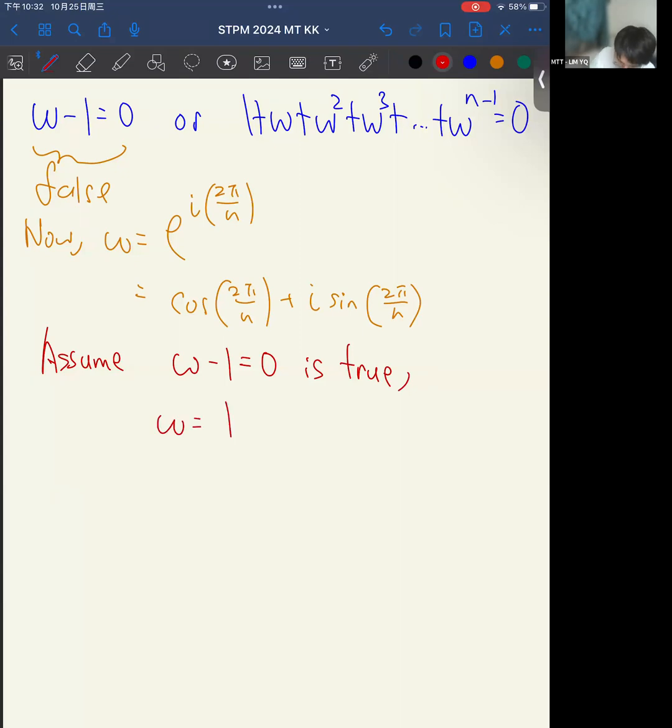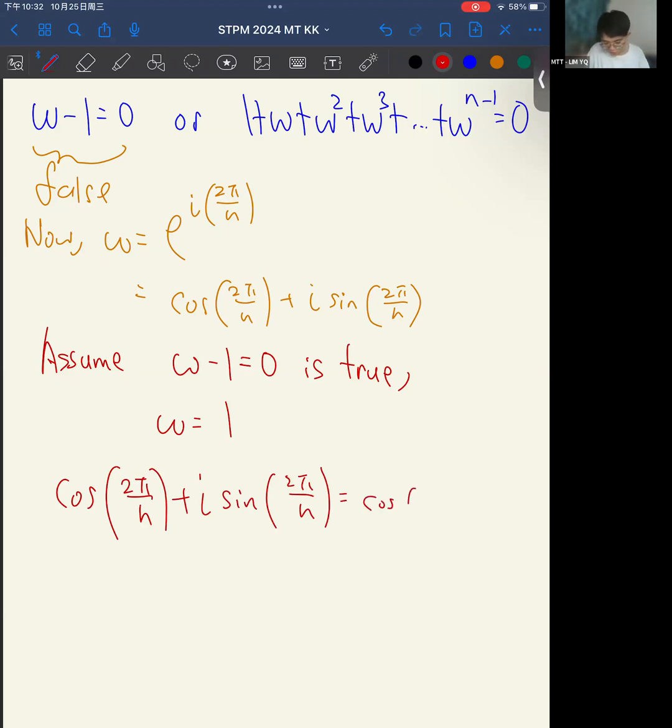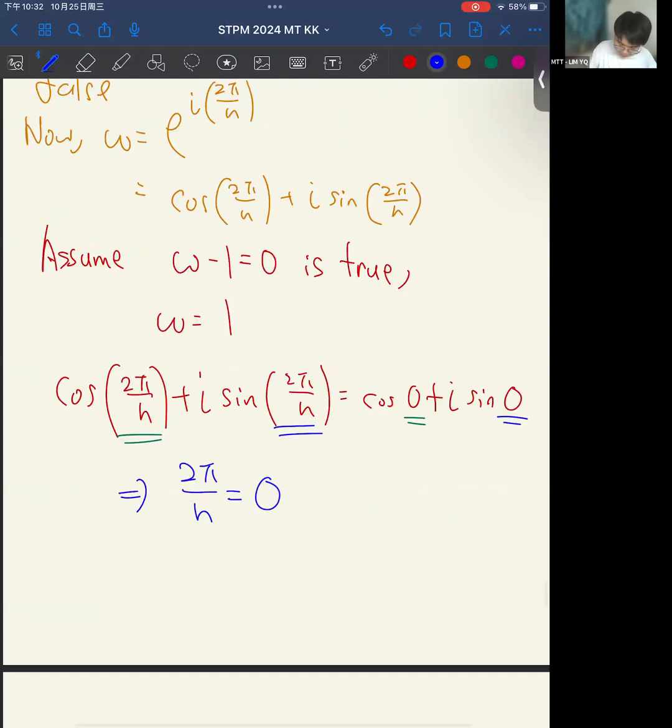So W equal to 1, which means cos(2π/n) plus i sin(2π/n) equal to 1. And 1 is what? 1 is cos 0 plus i sin 0. If you compare here and here, you will conclude 2π/n equal to 0.